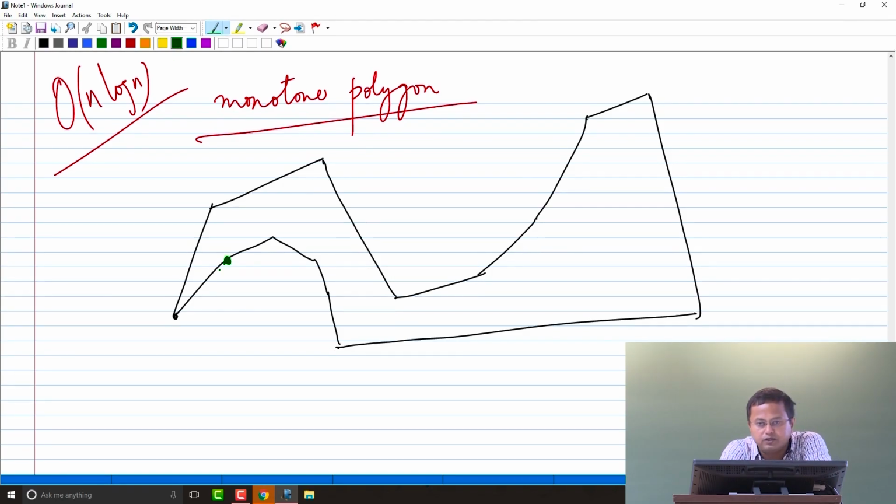So, the idea is I would be greedy in drawing as many diagonals as I can. Think of a vertical line going through this point. To the left I will draw as many diagonals as I can in a non-crossing way, fine. So, this is the diagonal that I draw, fine.